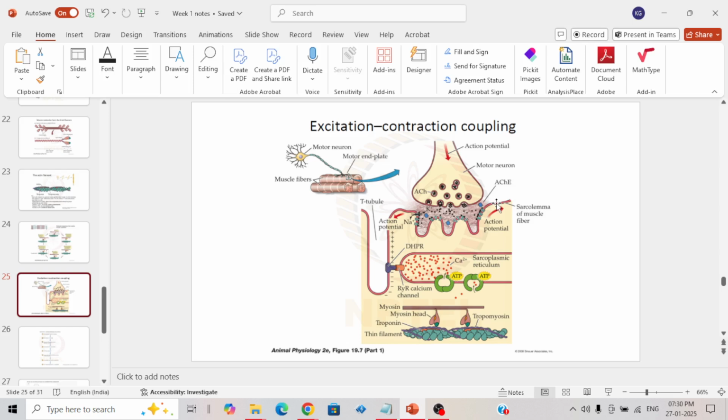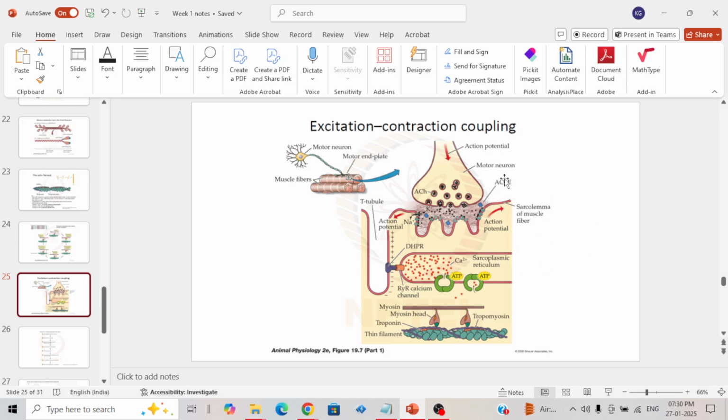Another form is the muscarinic acetylcholine receptor, which has an affinity for muscarine. There are two forms: nicotinic and muscarinic.